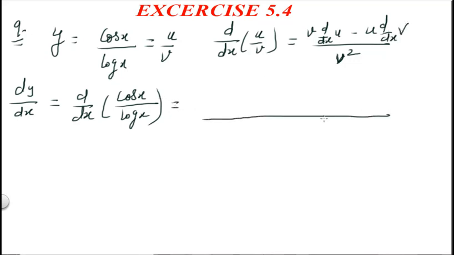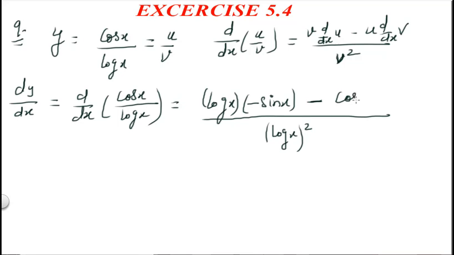In the denominator, what will we have? Log of x whole square. Clear? Then log of x as it is, and of cos x the differentiation will be minus sin x, minus cos x as it is. Differentiation of log x will be 1 by x. Clear? Now we can take the LCM in the numerator, because here we have x.